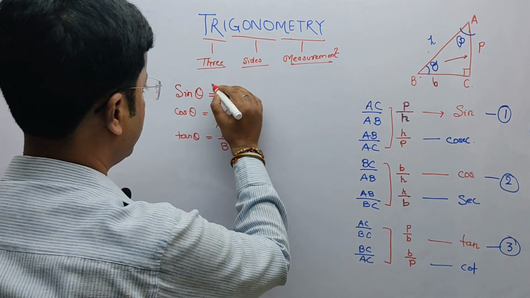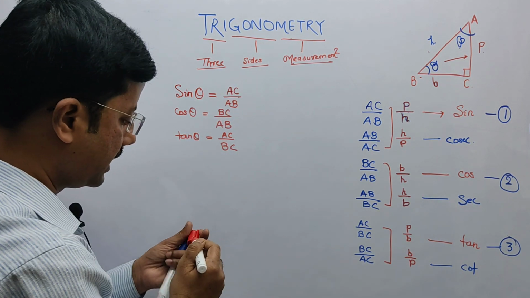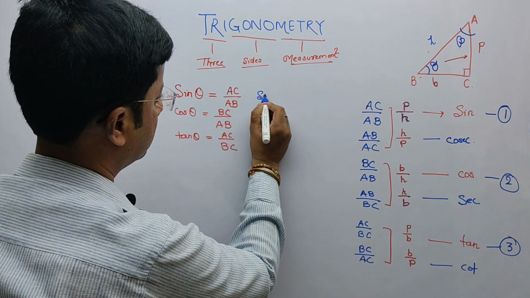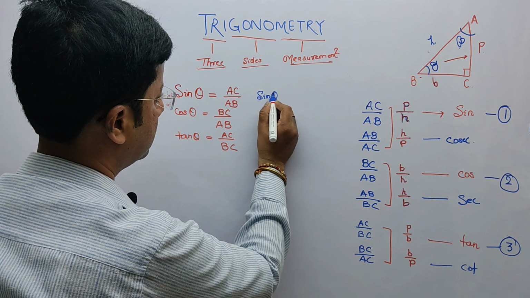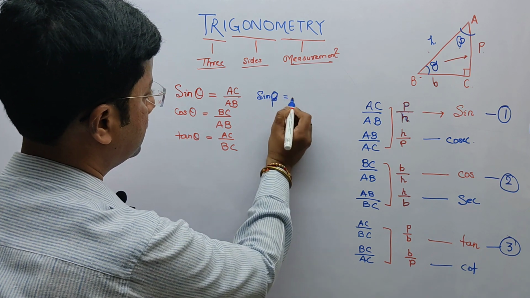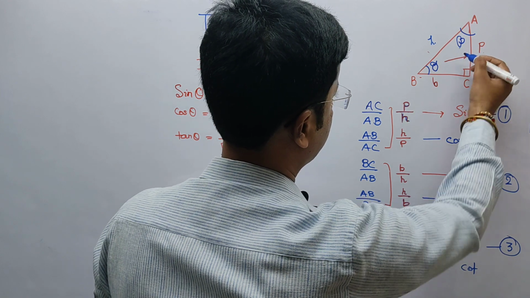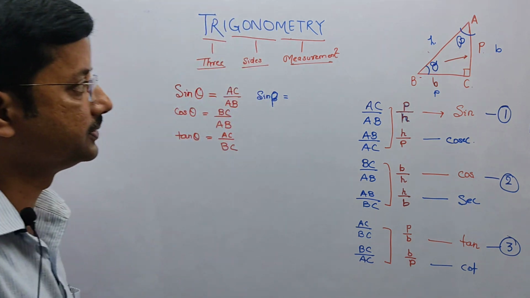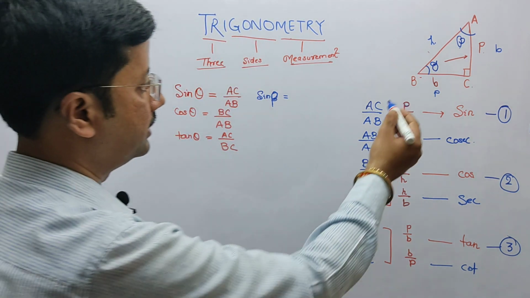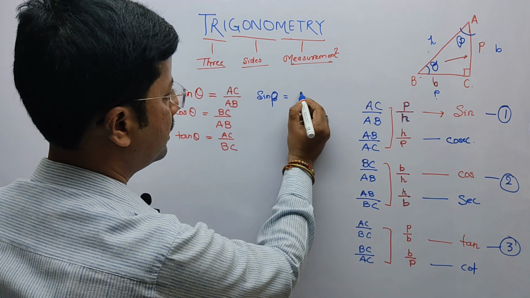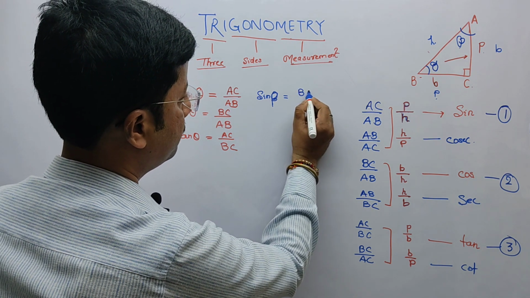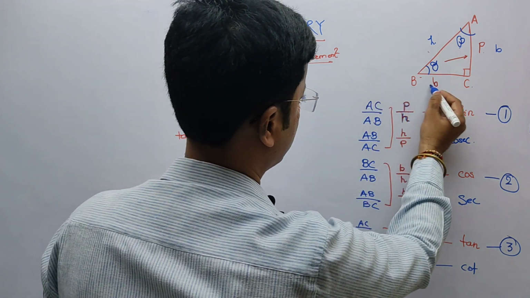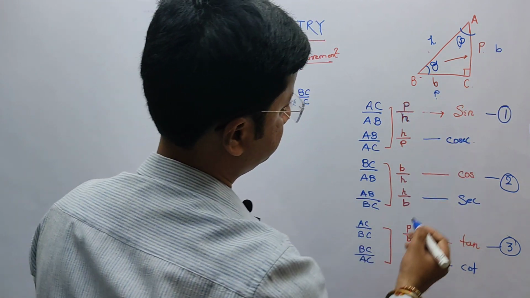Now if I take sine beta, for beta this is perpendicular and this is base. For sine beta, this is perpendicular, so sine beta will be BC upon AC, perpendicular upon hypotenuse.